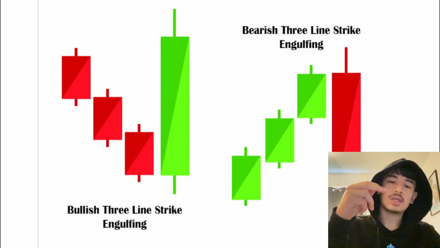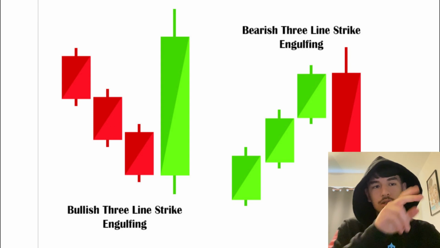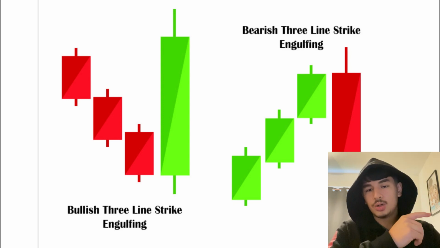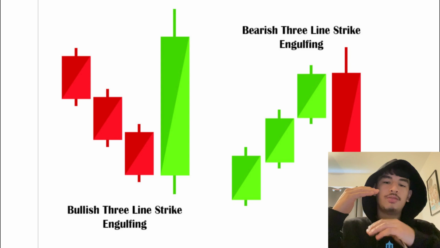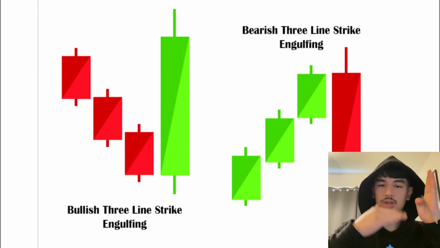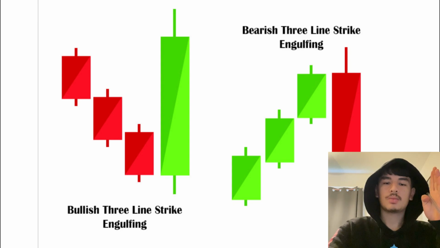This is where we'd see three bearish candlesticks before a huge engulfing bullish candlestick. The bearish candlesticks need to be making a lower low than the previous one, and then the engulfing candlestick needs to close at least 50% of the three previous candlesticks.